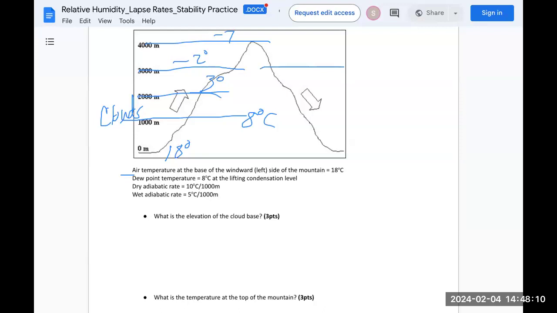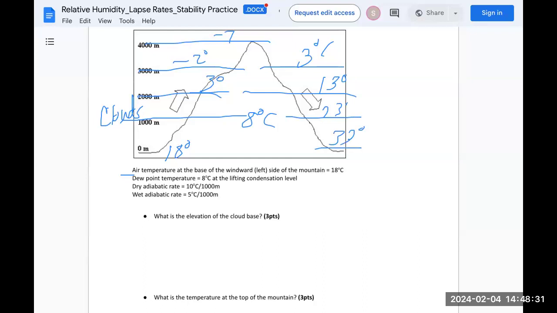So from 4 to 3 on the other side, we would simply be at 3 degrees C. And then when we get here, we would be at 13. And when we get here, we would be at 23. And then here we would be at 33. So that'd be some pretty warm air.